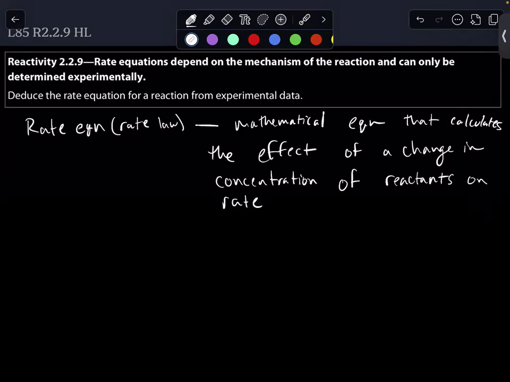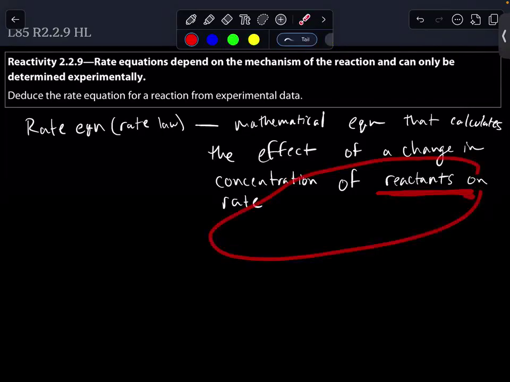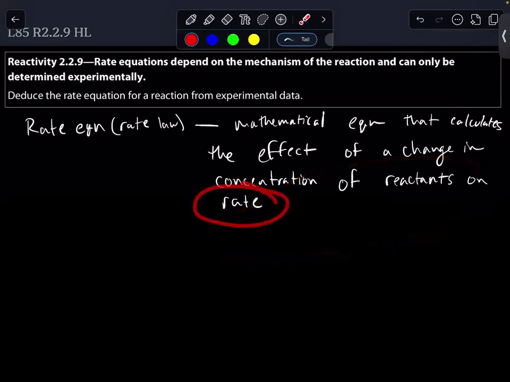It's a fancy way of saying: if we change the reactants in the equation, how is that going to change the rate?